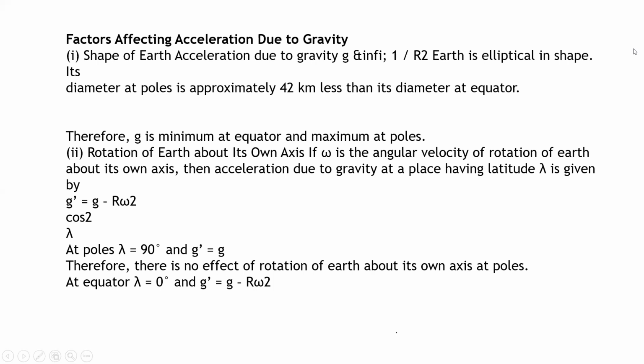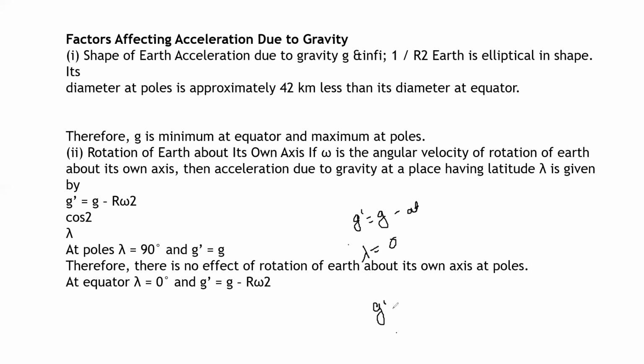So if the object is at the pole, the theta value becomes 90 degree. When theta is equal to 90 degree, cos 90 is 0. Therefore, we will get G dash is equal to G, right? That is, at the poles the value is the same. At the equator, the value of theta, or lambda, becomes 0. So cos 0 is 1.